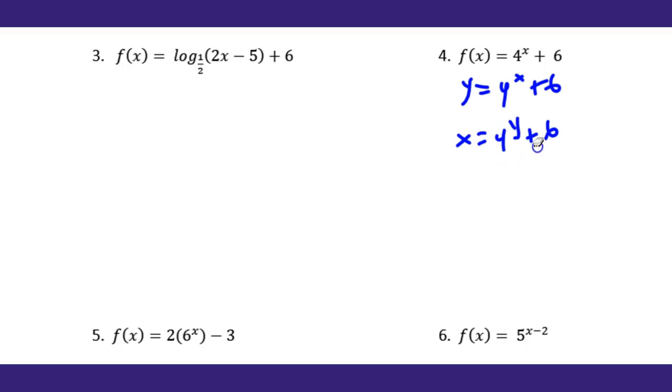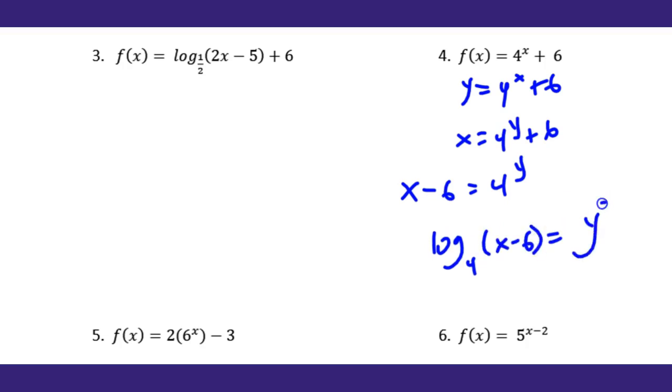All right, solving this one, we would subtract the 6. So you have x minus 6 equals 4y, 4 to the y. And then you can't really solve this from here, so we're going to write it as a log. So what you do is you end up with log base 4 of x minus 6 equals y. All right, there's the inverse right there.